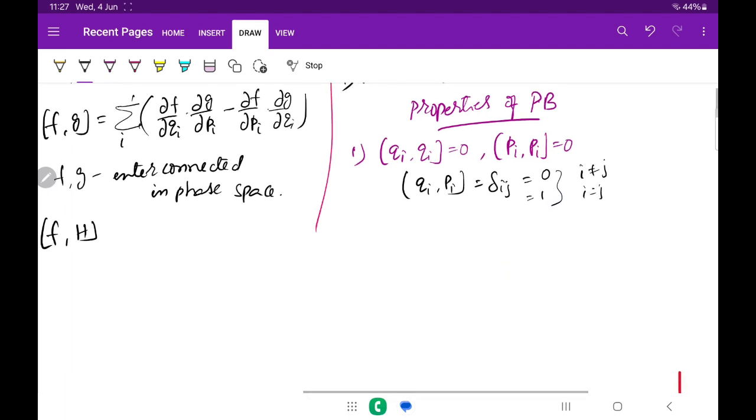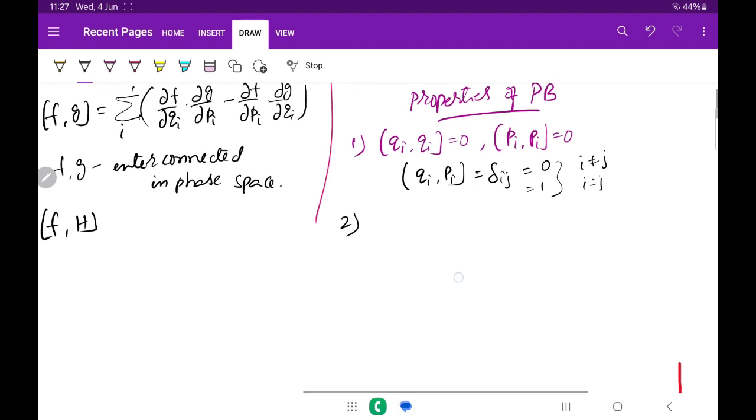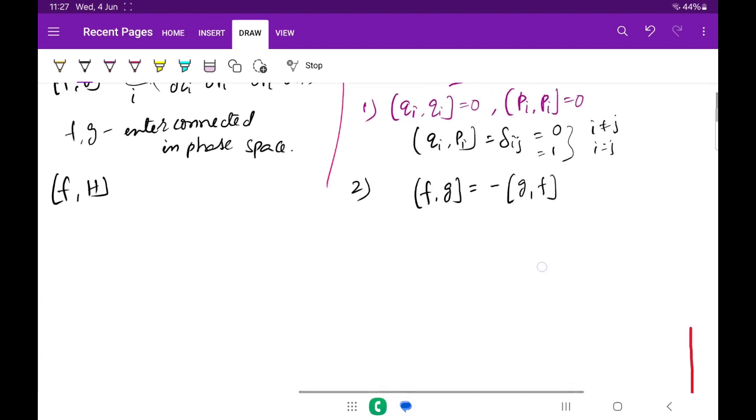The second property is antisymmetry. That means [f, g] is equal to minus [g, f]. That means interchange of the functions reverses the sign of the bracket. So this is very important.